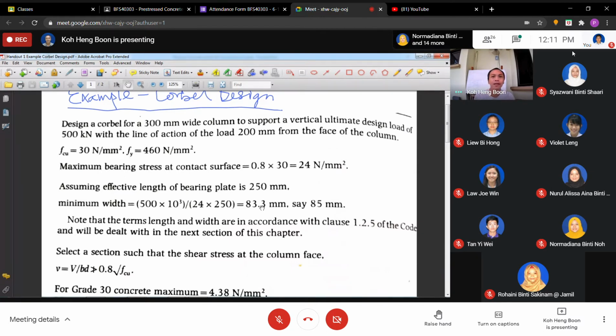And to support a vertical ultimate design load of 500 kilonewton with the line of action of the load 200 mm from the face of the column. Means it's from here.